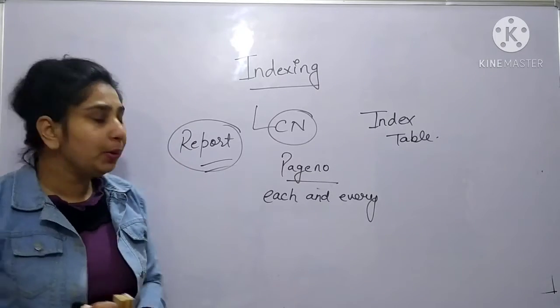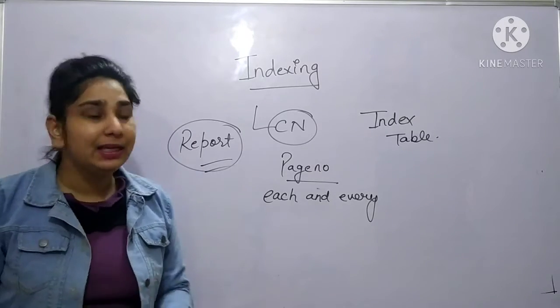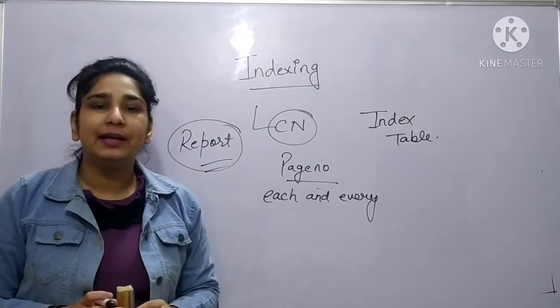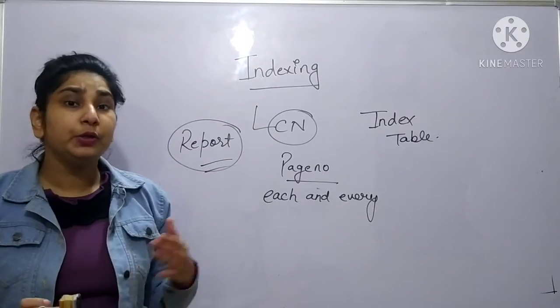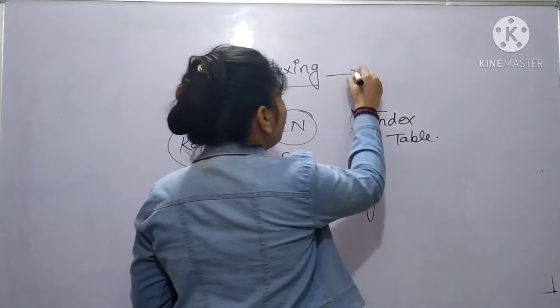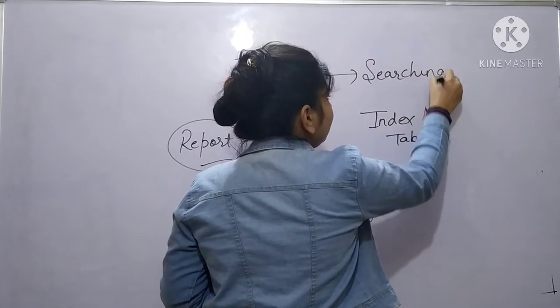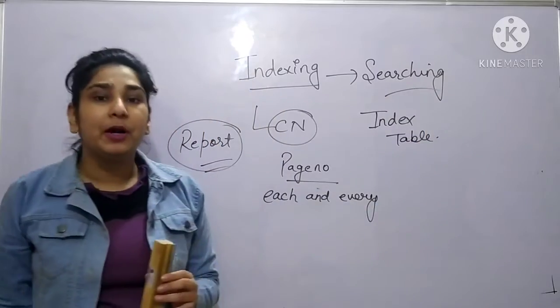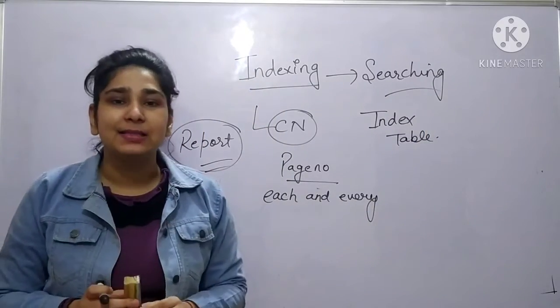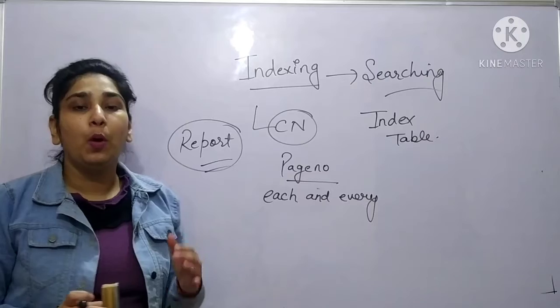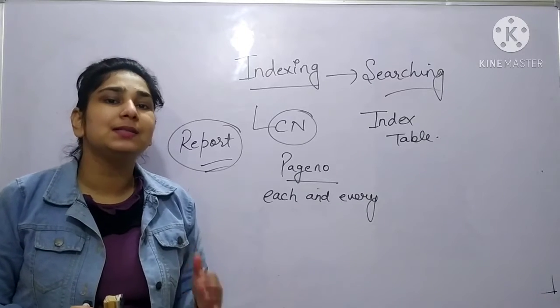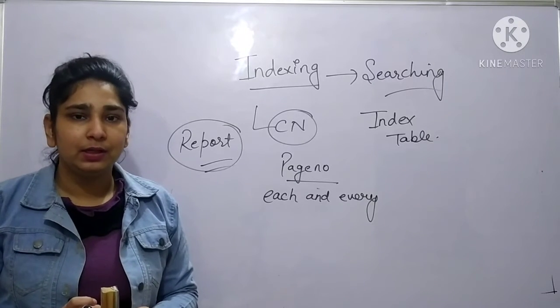Any topic you can search easily with the help of indexing, so your searching time is going to be reduced. The main purpose of making an index is that we want to reduce our searching time.